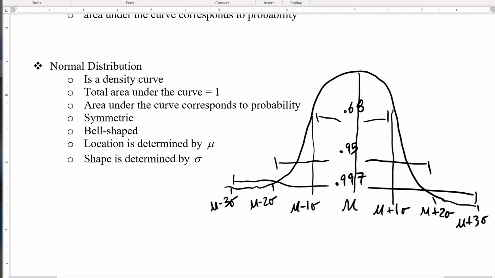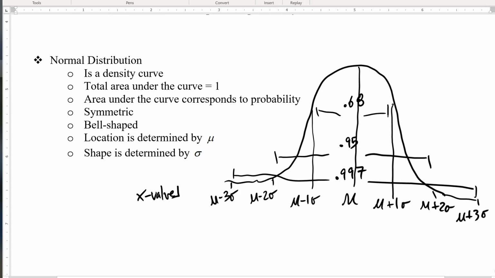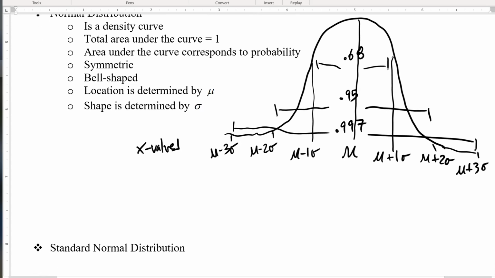So what we're going to be able to do is we're going to take these, which are all basically x values, and we're going to standardize them. So when I do a standard normal distribution, instead of x values, we're going to be looking at z scores.